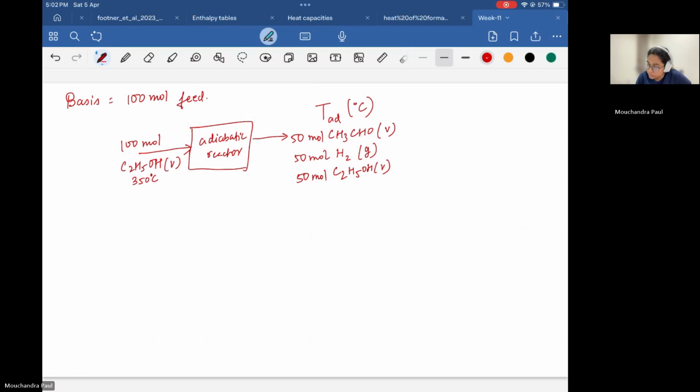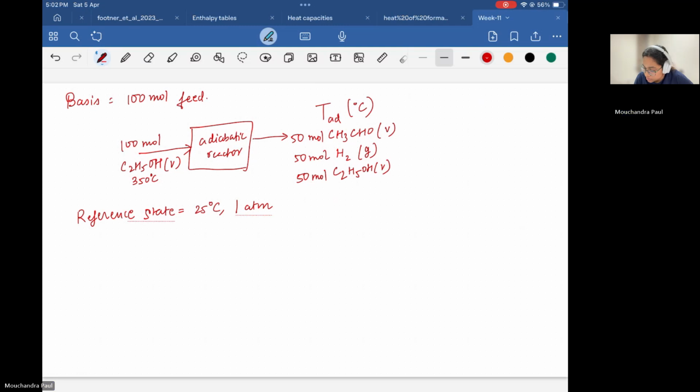So let's assume some variables to represent the enthalpy values, or specific enthalpy values, of each of the components. So for this reaction, let's consider a reference state of 25 degrees Celsius and 1 atm pressure.